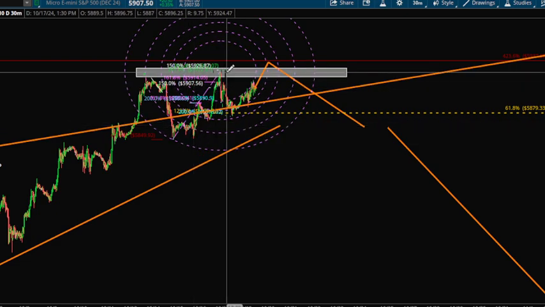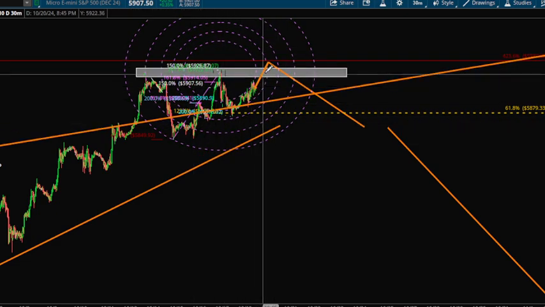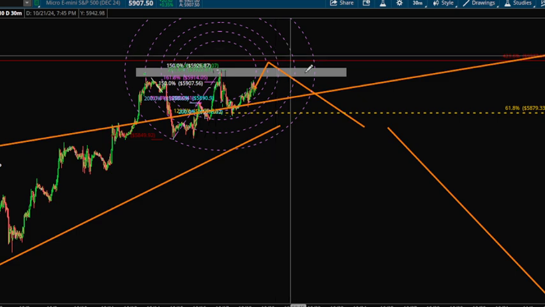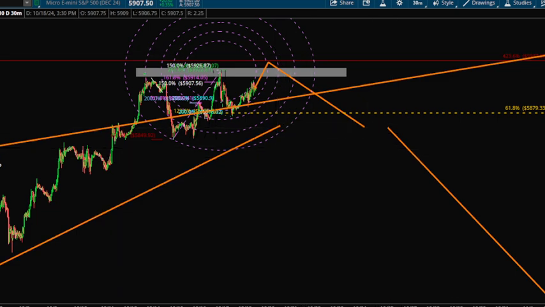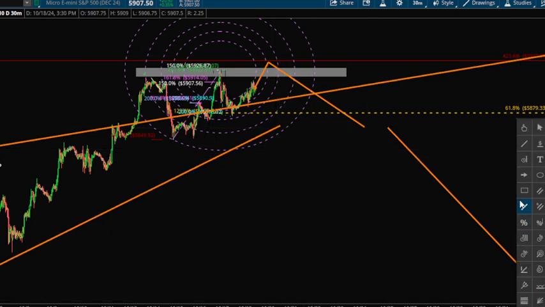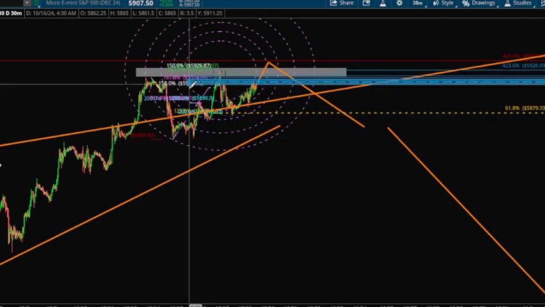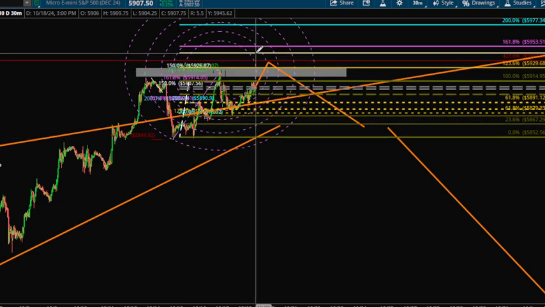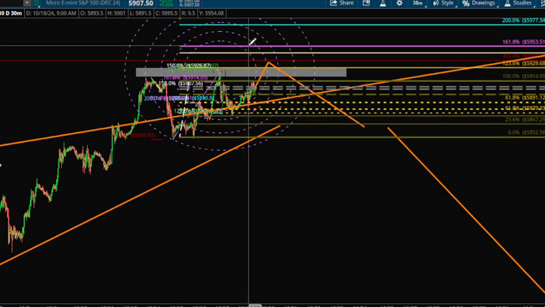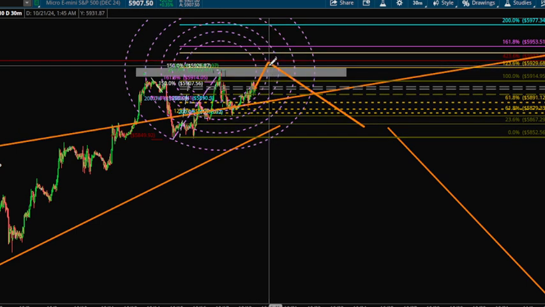So it'd be an A, B, and 1, 2, 3, 4, 5 up here for C, something like that, and then start down. That's a high probability that could happen, actually. So if I was to trade that, see, even the 161.8 is up here at 59.53, so it could go up a little higher than that.